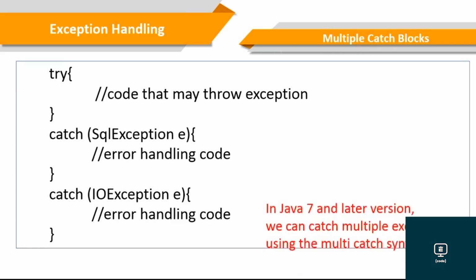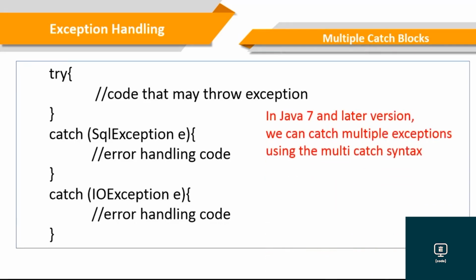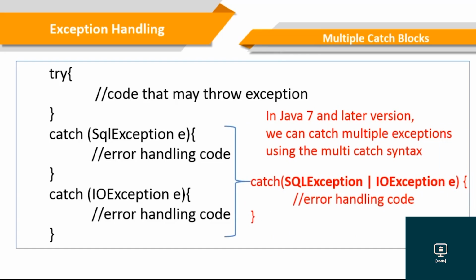But with Java 7 and beyond, if a catch block handles multiple exceptions, we can separate them using a pipe, and in this case, the exception parameter is final. So we can't change it. This feature actually reduces code redundancy.